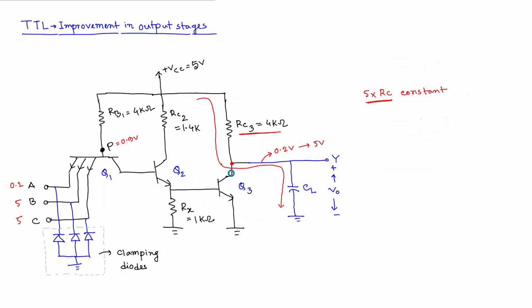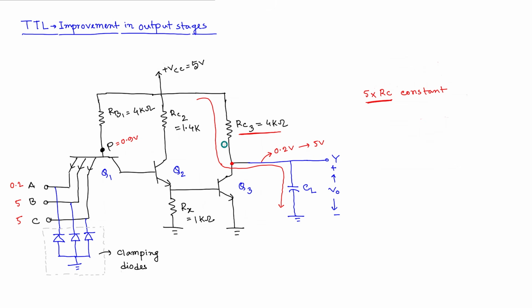So this portion is called pull down circuit, and whenever we need the output to be high, this particular resistance connected with 5 volt tries to pull the voltage up. So this circuit is called pull up circuit.